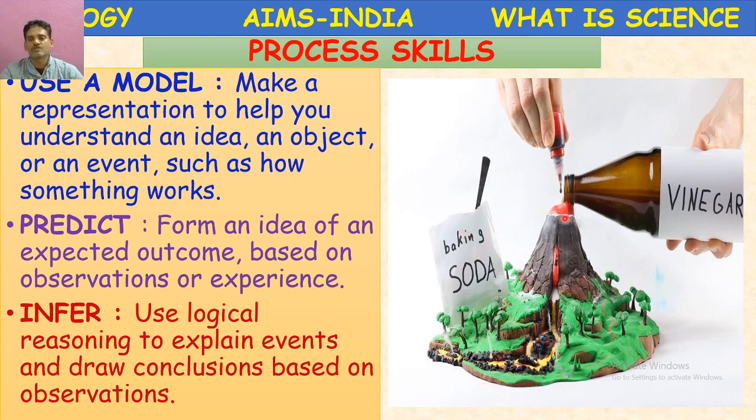It will ooze out from the mouth of the volcano. Okay? So using a model will really help to understand the concept properly. So it is an important process skill. Okay, children, use a model, predict, infer. These are the three important process skills.